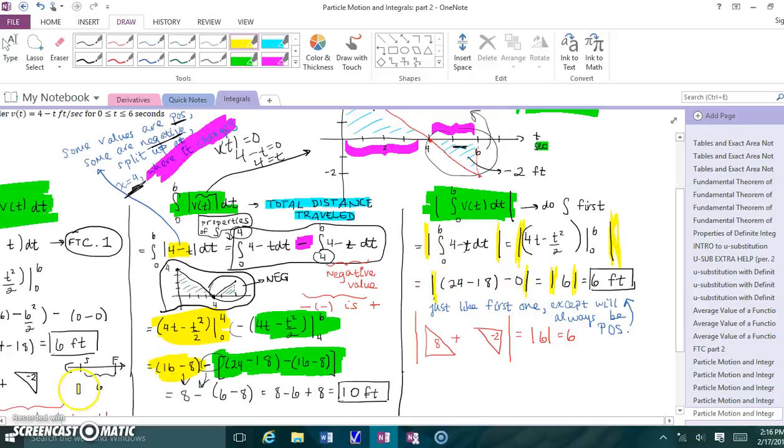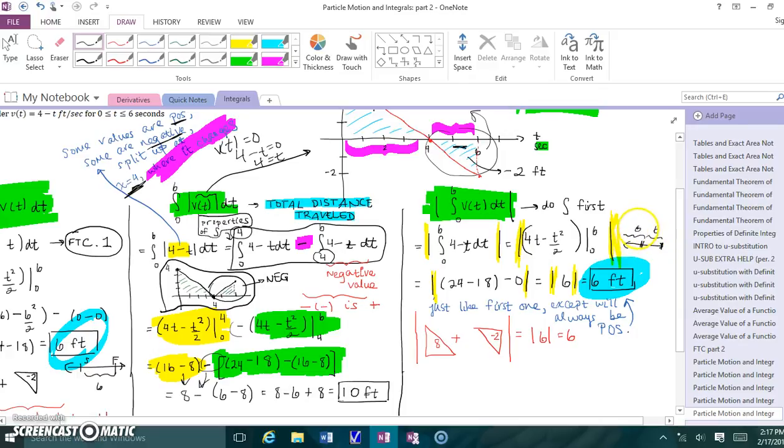Notice that in this case, the answer is the exact same. Like here it was 6, and here it was also 6. These two numbers will always be the same. It's just that this one's always going to be positive because it's absolute value. It's just like the first one. And this tells you that wherever the particle started position-wise on a number line, it's going to be 6 units or inches or feet from where it started.